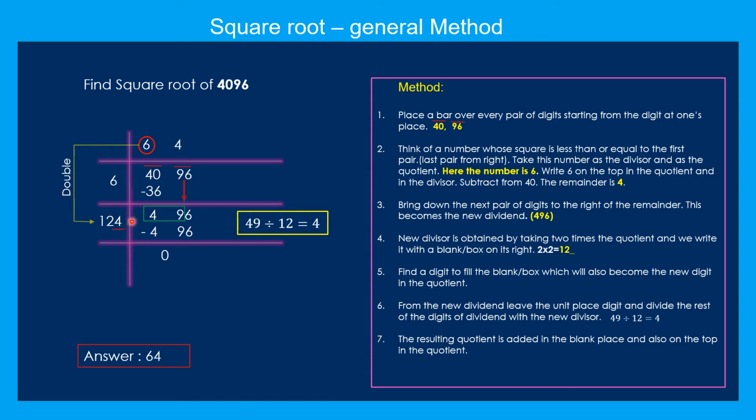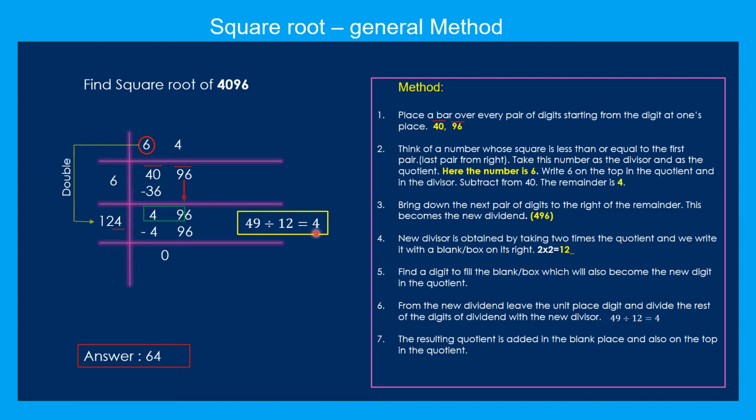So in order to find the number for the blank space, what you do, you see the new dividend is 496. So you leave the unit digit of the new dividend 496. So what is left? 49 is left. So you divide 49 by the new divisor 12. When you divide 49 by 12, you get the quotient 4.